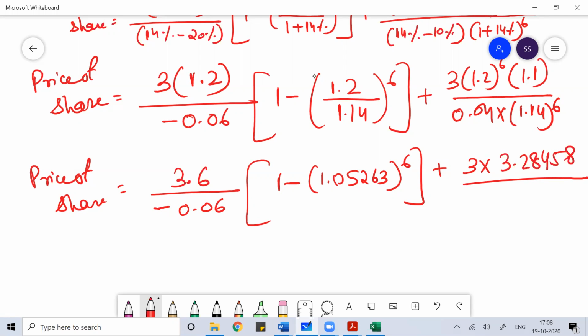Divided by 1.14 to the power 6 into 0.04. So this is 0.0877989.